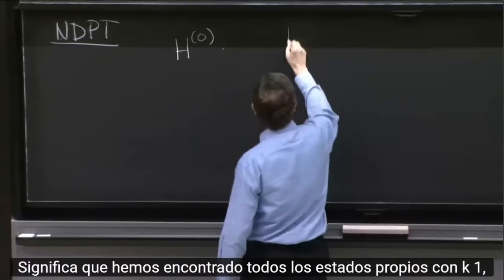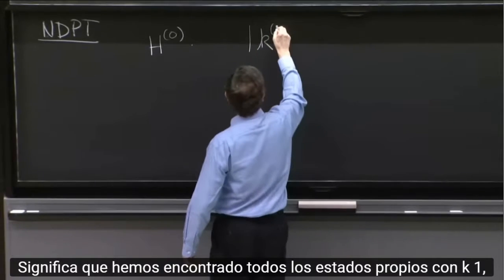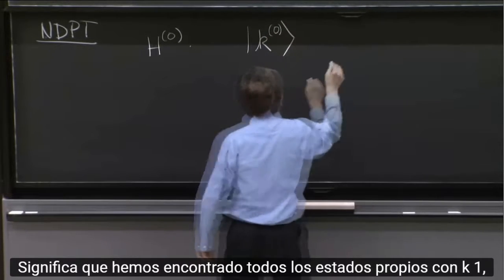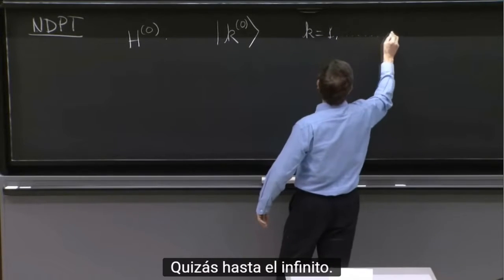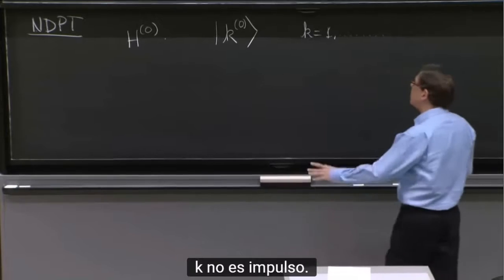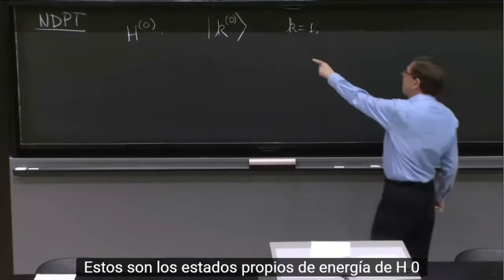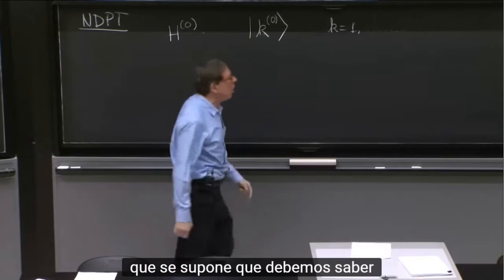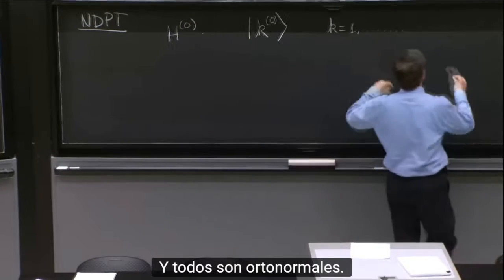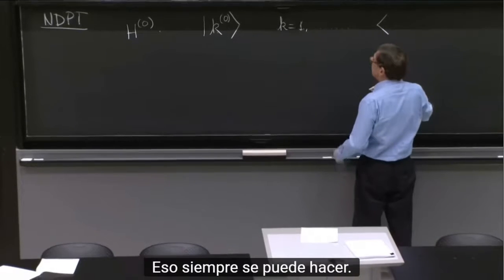It means that we have found all the eigenstates with k, 1, maybe up to infinity, I don't know. K is not momentum. These are the energy eigenstates of H0 that we're supposed to know. And they're all orthonormal. That can always be done.